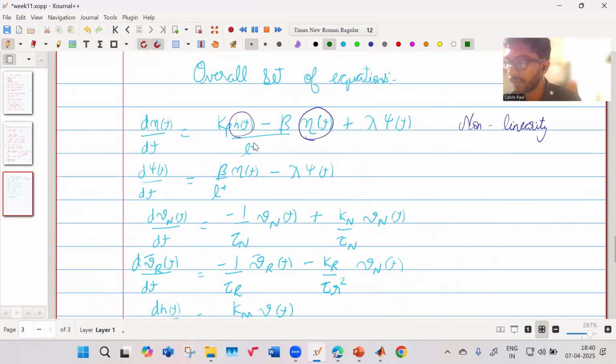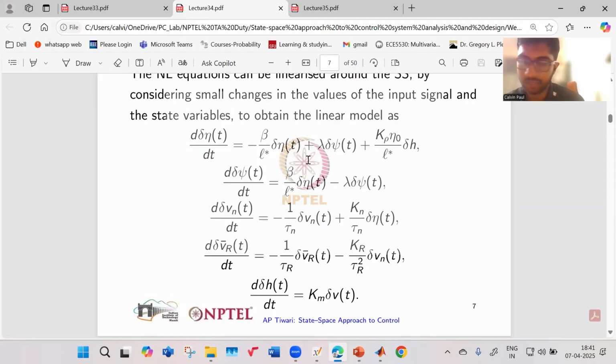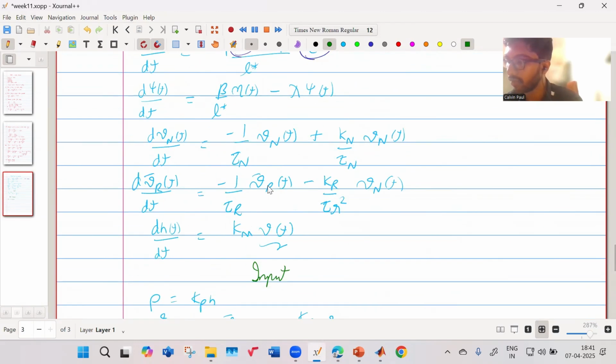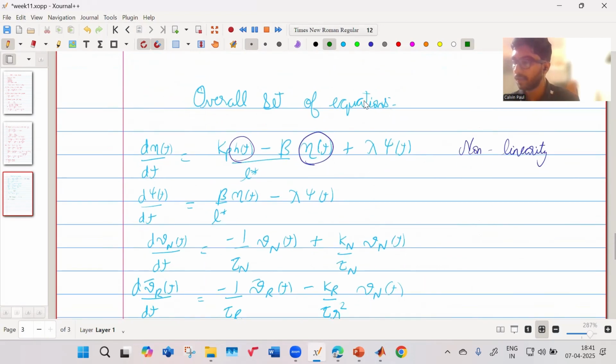So what we do is, beta of t will actually be beta 0 plus delta beta. Consider steady state operating points. For steady state, beta naught is equal to beta 0.